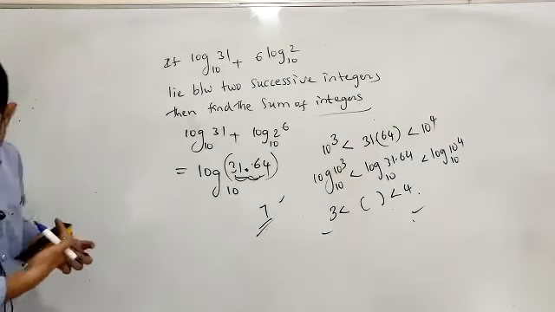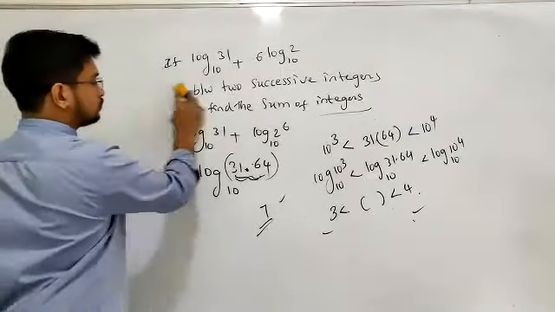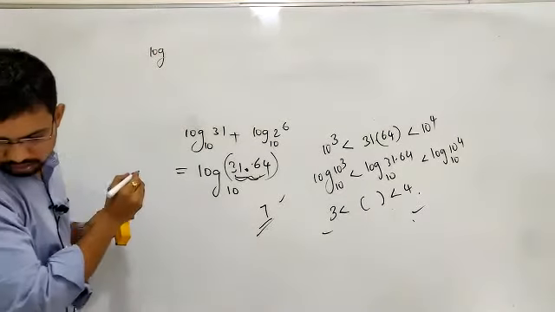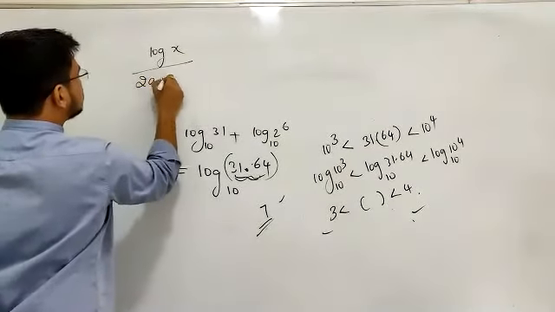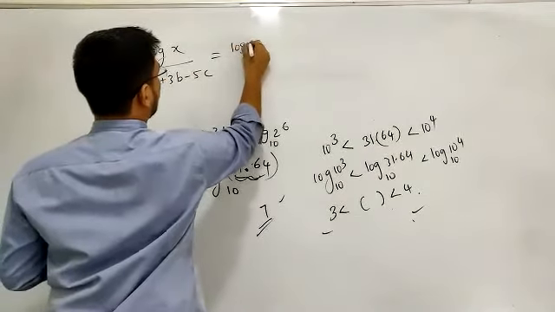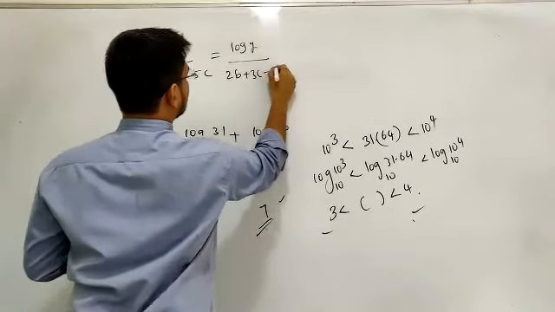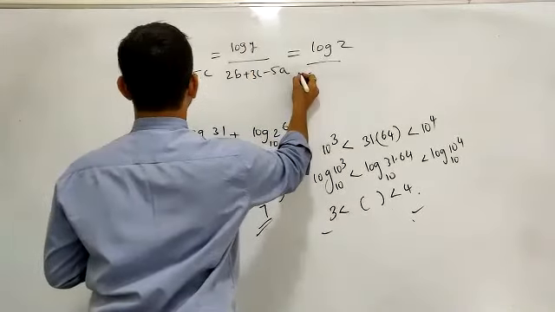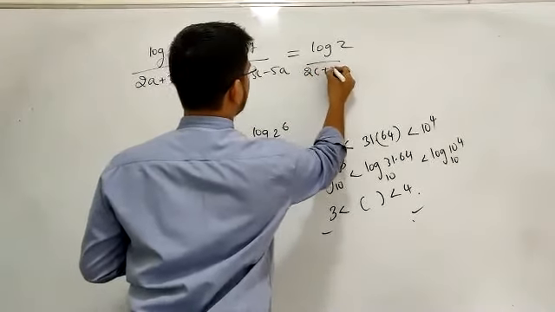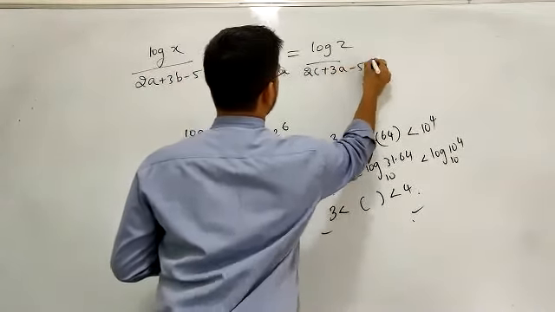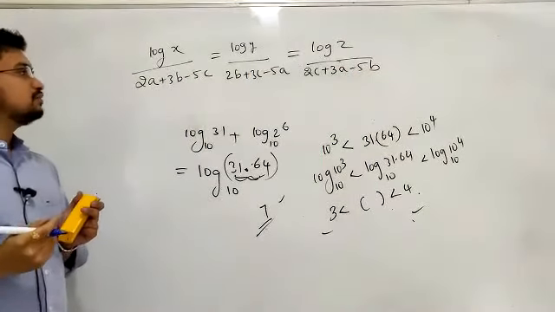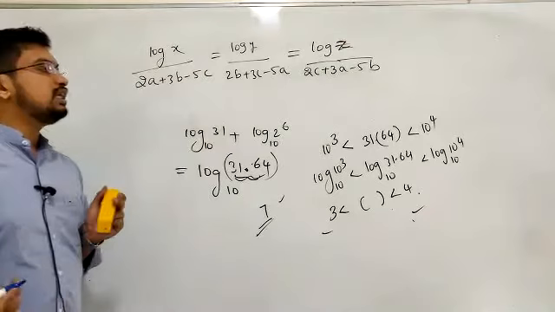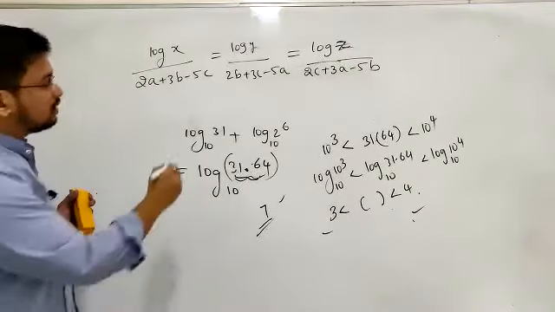Okay, hope this is clear. One more question. If log x by 2a plus 3b minus 5c is equal to log y by 2b plus 3c minus 5a is equal to log z by 2c plus 3a minus 5b, then get the value of xyz.